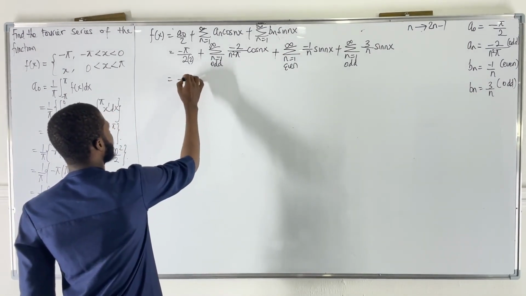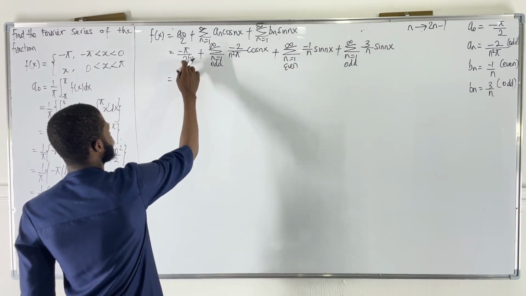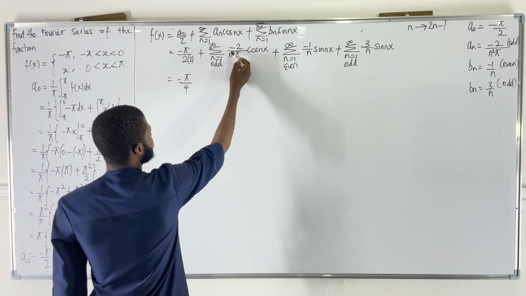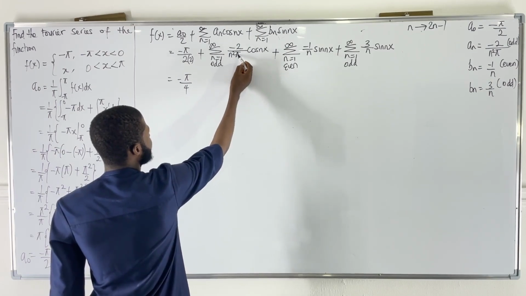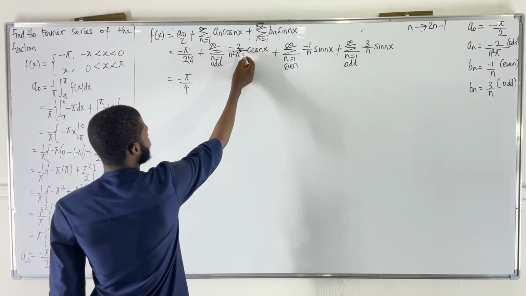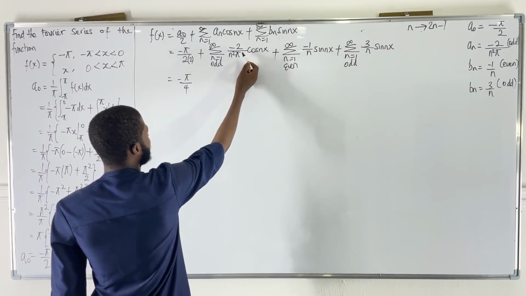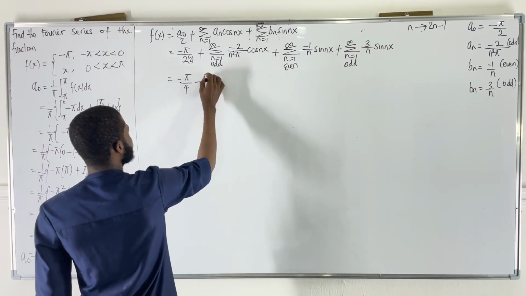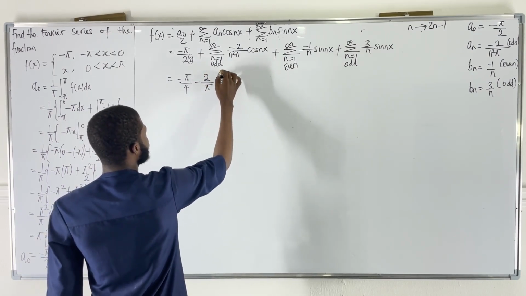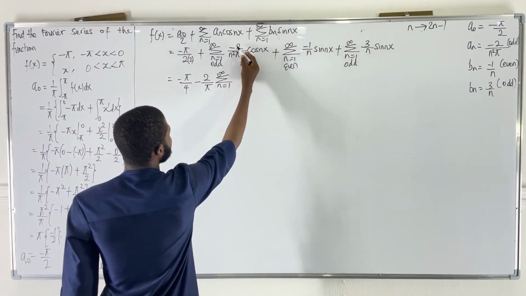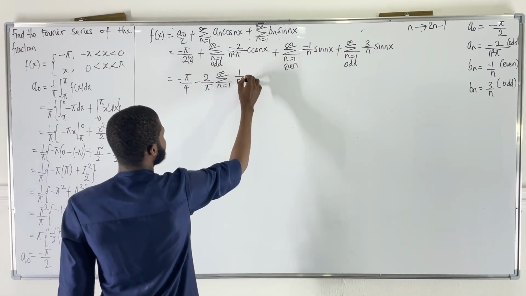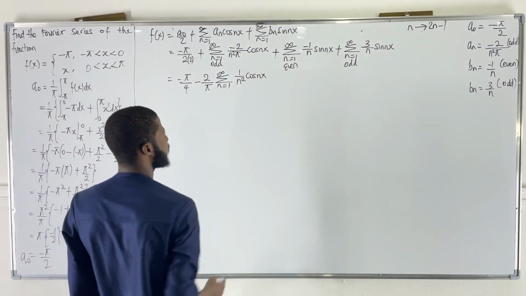So this will be minus pi over 4, because 2 times 2 will give us 4. Now let's factor out. If you look at this expression, the minus 2 over pi is a constant because the summation is with respect to n. So there's this minus 2 and this pi does not have n, so they can come outside. This is minus 2 over pi. Then the sum from n equal to 1 to infinity. What will be left? If the minus 2 goes away, there has to be a 1 at the top. This is 1 over n squared cos nx.